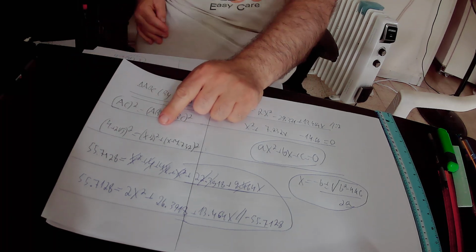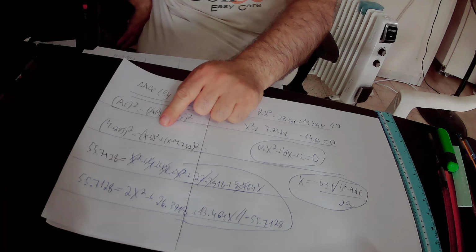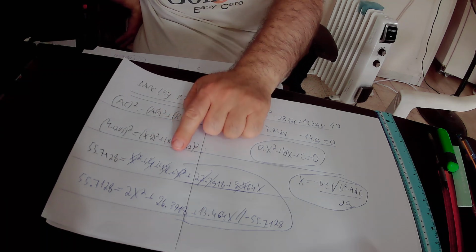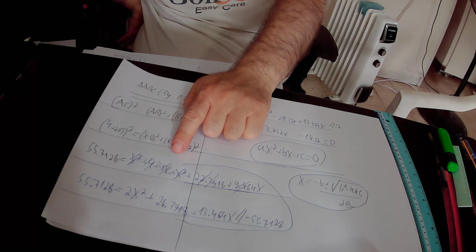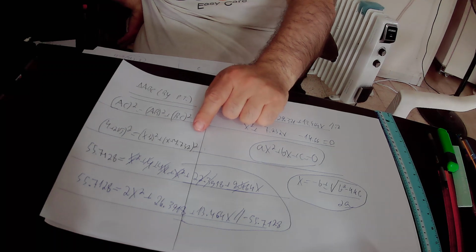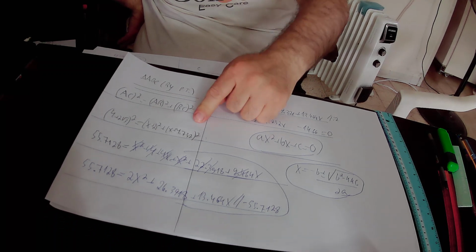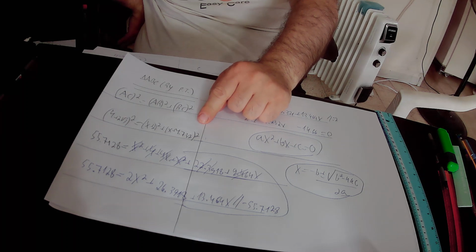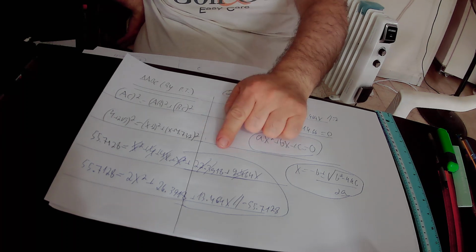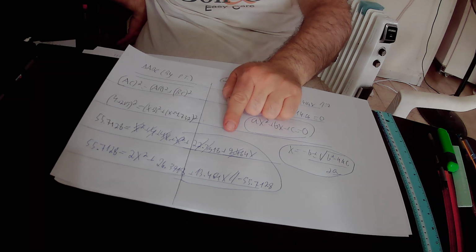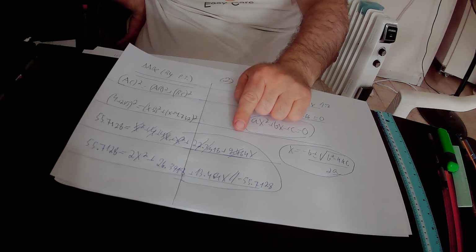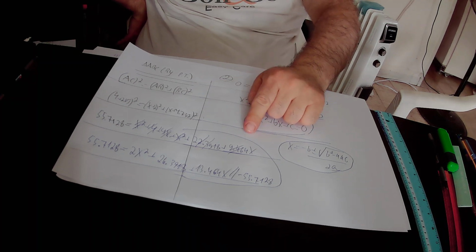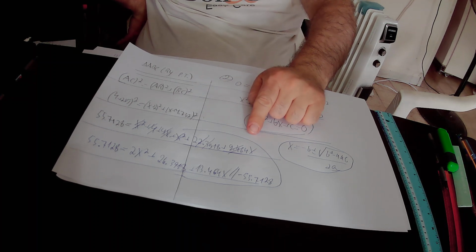(x plus 2) squared equals x squared plus 2 squared, that is 4, plus 2 times x times 2, that is 4x. And (x plus 4.732) squared equals x squared plus 4.732 squared, that is 22.3918, plus 2 times x times 4.732, that is 9.464x.